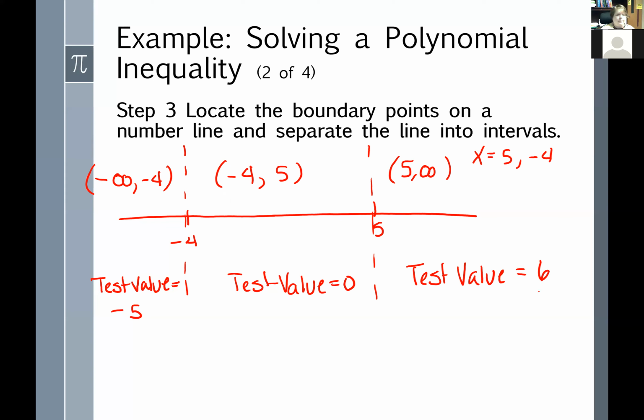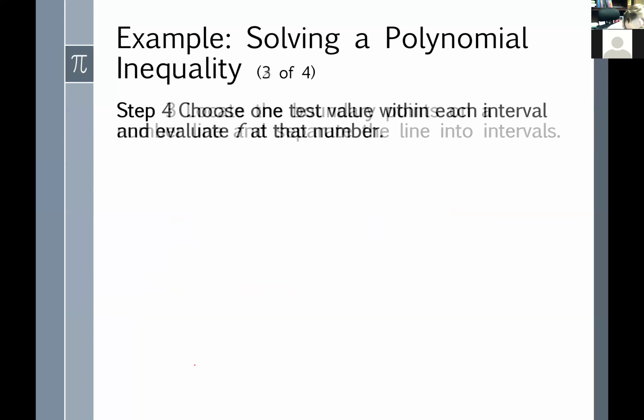Okay, so now I'm going to set up a little table here where I can write the intervals and do the test and then check the sign of the result that I get when I plug in my test value. So I'm going to set myself up a little table. My intervals were from -∞ to -4.